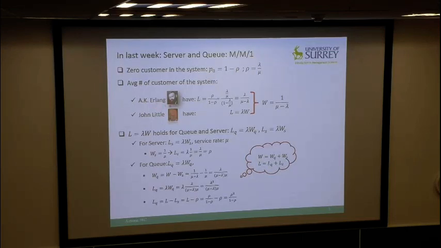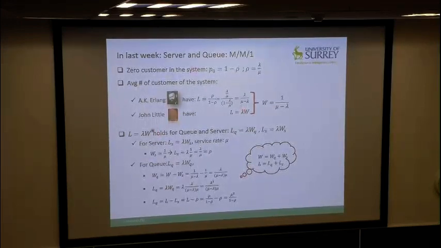A mathematician, Erlang, derived how to link the probability and the number of customers in our system. He derived the average number of customers in our whole system, which is basically equal to rho divided by 1 minus rho. That's determined by utilization, and it's also only determined by the arrival rate and the service rate.